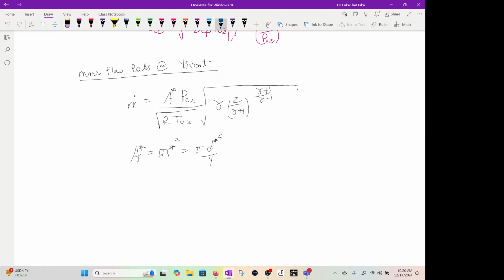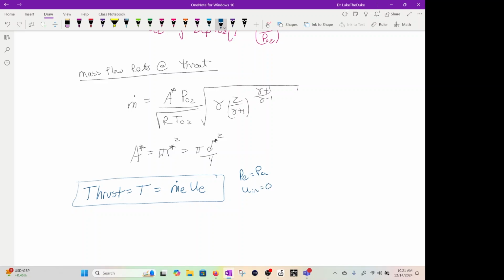Now, one thing I want to remind you of, thrust. Remember? We'll call T is m dot exit times Ue of the exit. Okay? Assuming that the exit pressure, so Pe equals atmospheric, and we have no inlet velocity, right?